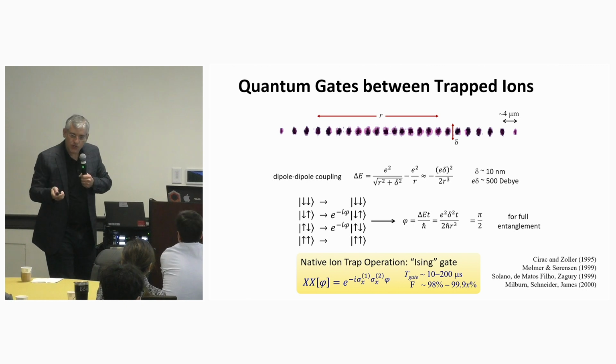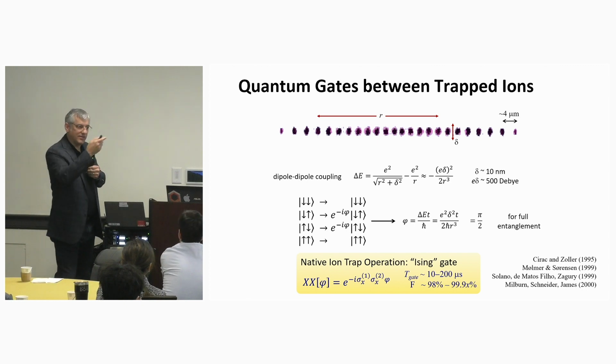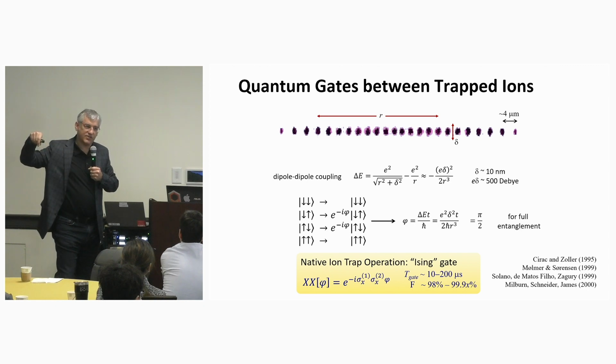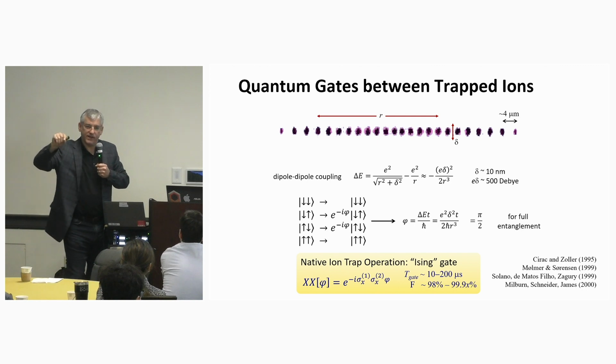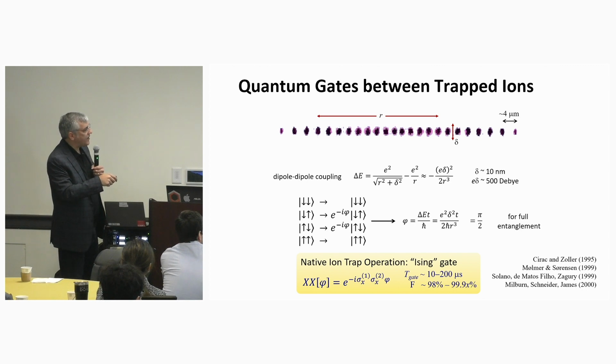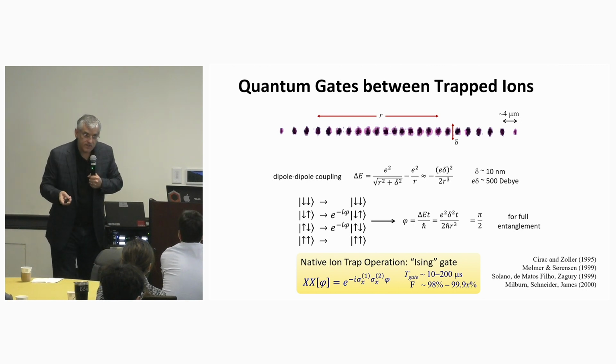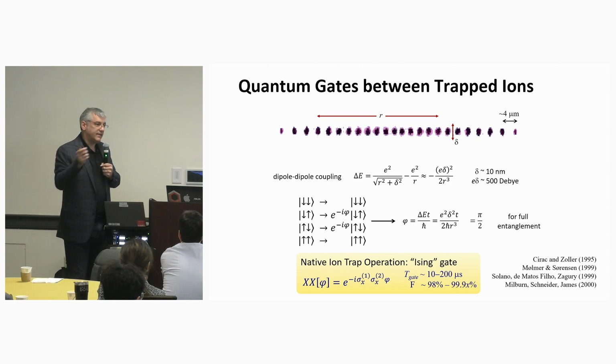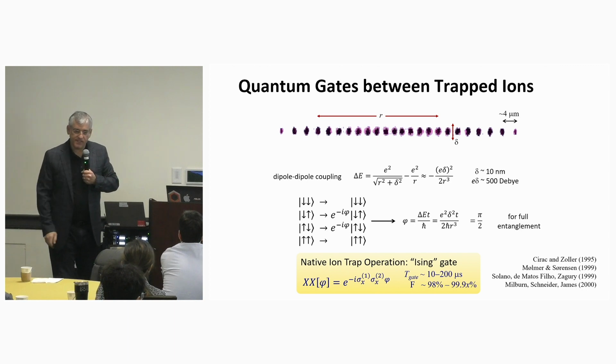So the second cheat, the one that you probably were wondering about, what about all the other ions? If you pluck one ion in a string, they all know about it, and that's absolutely true. It's like plucking a guitar string. It's very hard to pluck a guitar string and only have the place you plucked be the part that moves. So in fact, with n qubits, there are n normal modes, and they're all at different frequencies because it's a strongly coupled system.